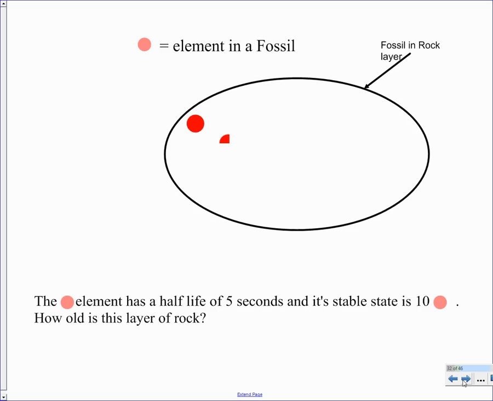Okay, I'll do one more example. This is where we get a little bit difficult. The red element has a half-life of 5 seconds, and its stable state is 10 seconds. How old is this layer of rock? It says 15 seconds.